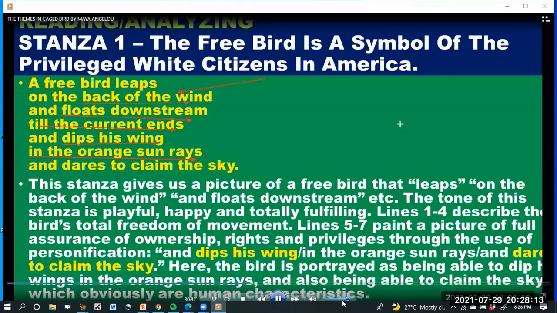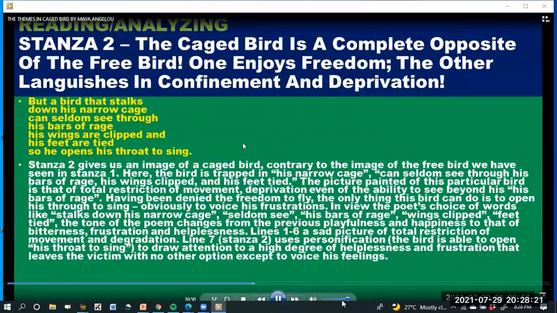Then you have a group of people that enjoy all these rights and all this freedom, but you have a different group that don't have access to this, and that is an irony. And so in stanza 2, we find a total departure from and a complete opposite to the freedom enjoyed by the free bird.